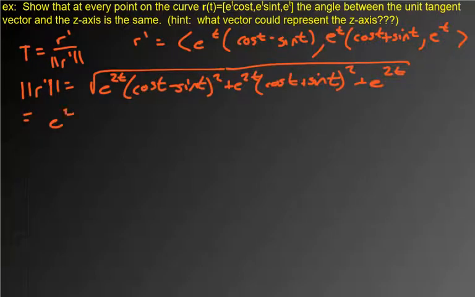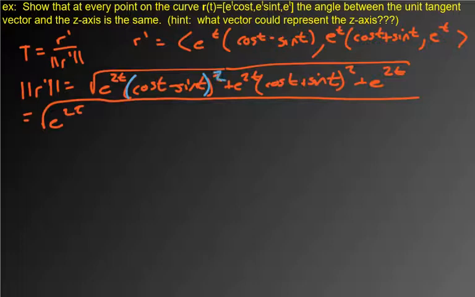So you can take an e to the 2t out of everything. And I think I'm going to do this part just in blue. So we have big brackets here. We got a cosine squared t, and then we'll have minus 2 cos t sine t. Then we got plus sine squared. So that's the part in blue. And maybe I'll do yellow for this one.